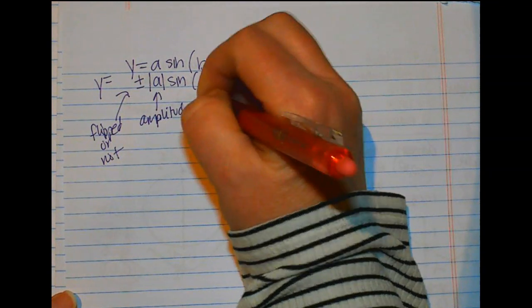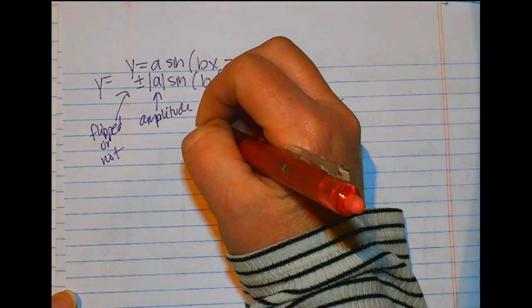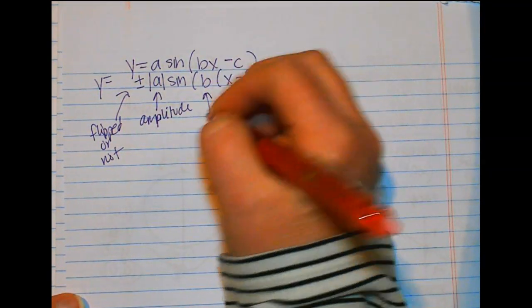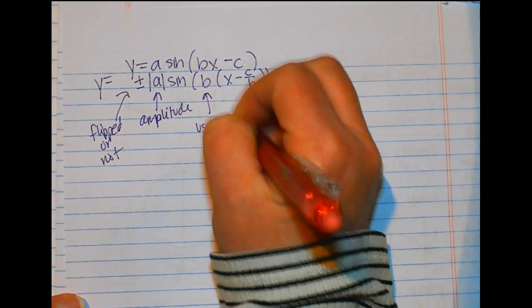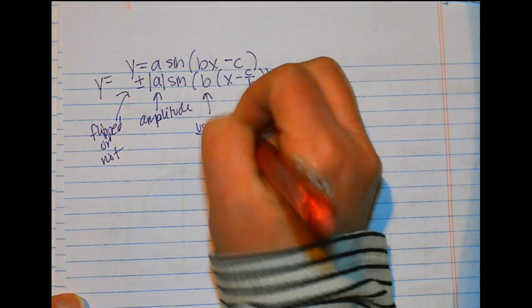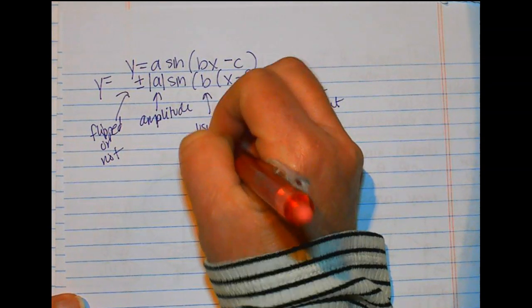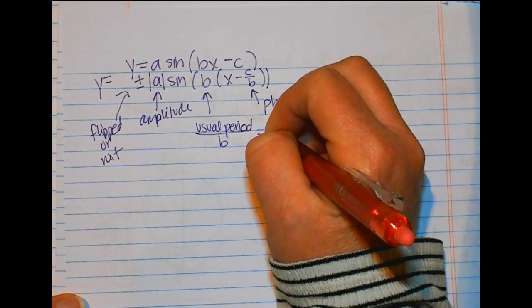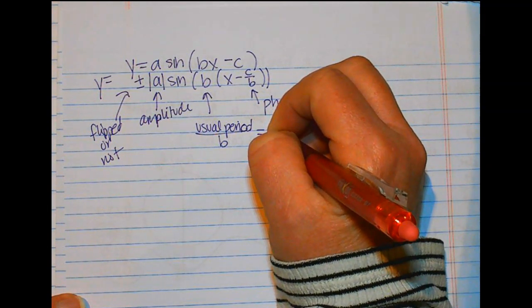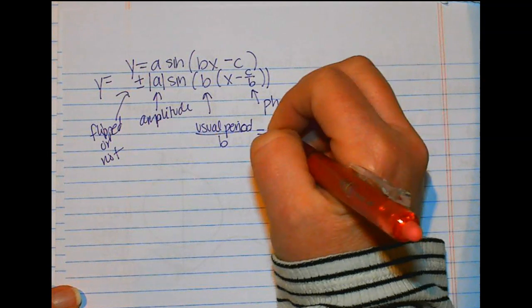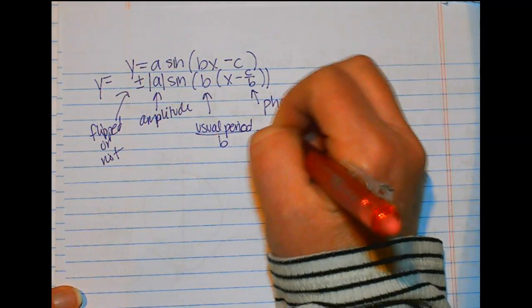B represents the... best way to write this is the usual period divided by B equals this function's period. How do I say that well? I'll just say period.